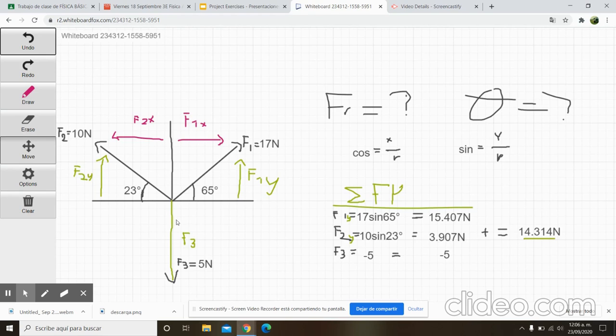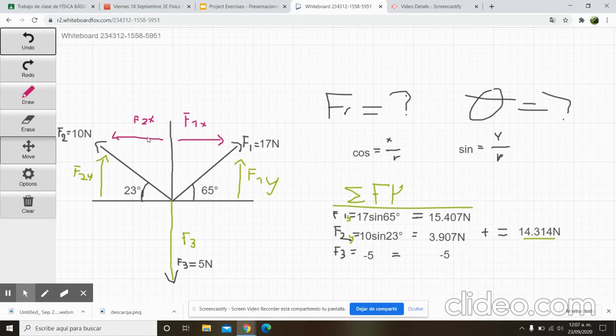And force 3 is already in the y-axis, so we don't need to add anything, but it's negative because it's down. We sum all this and the final result is this if we type it in the calculator.